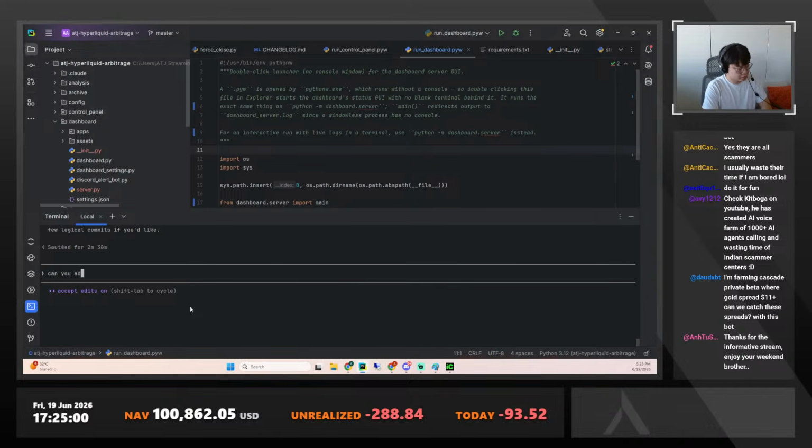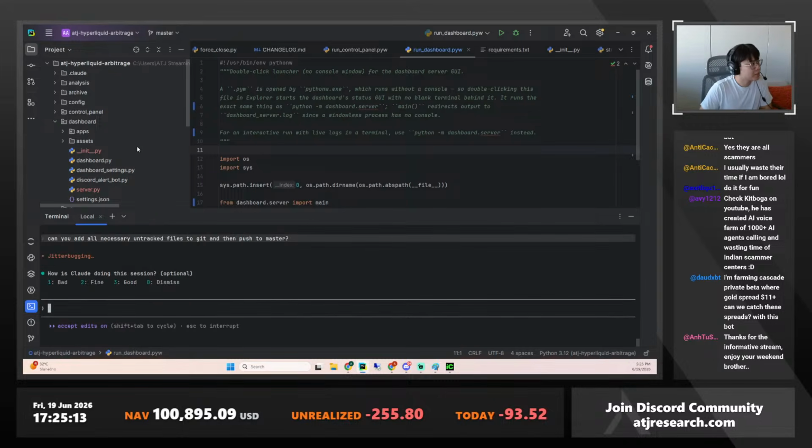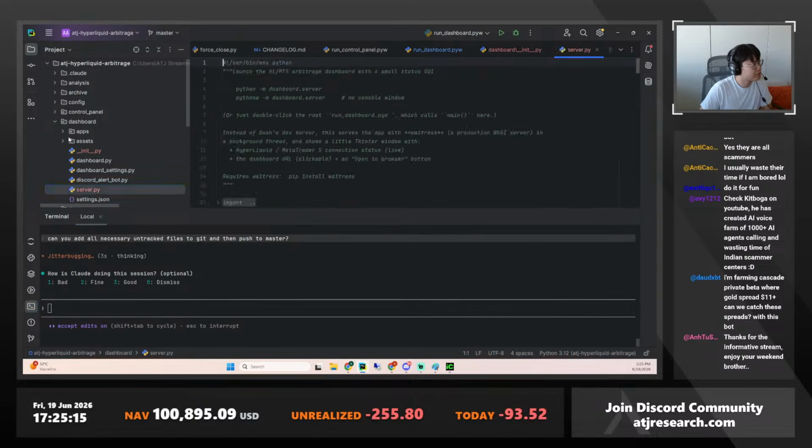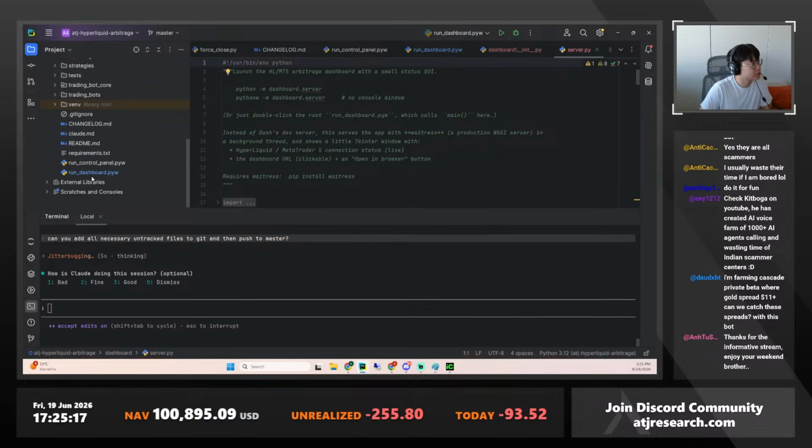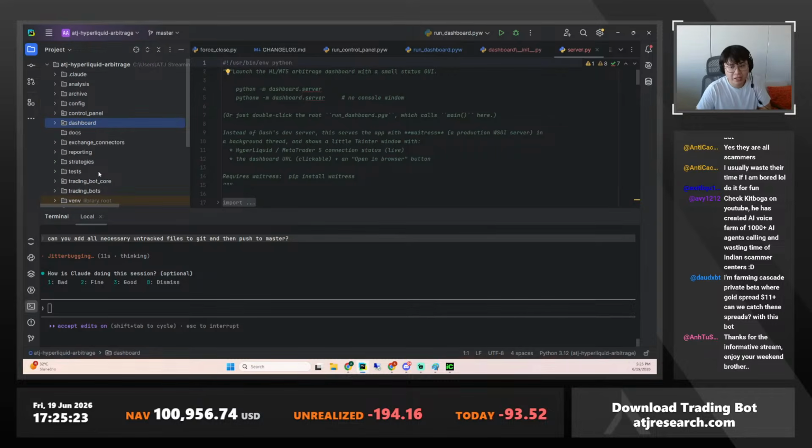Can you add all necessary untracked files to Git and then push to master? So now, last thing, we still need to add these untracked files. So Claude will do a last check to manage my Git repo, and then we can download it, add it on Discord, and you guys can try and enjoy the code, and then give me your feedback.